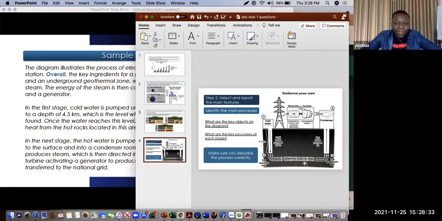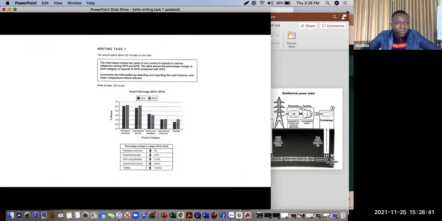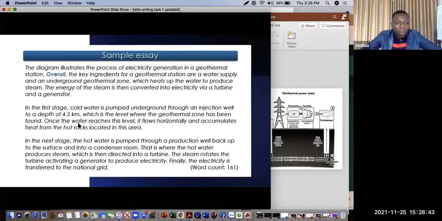Then it says here, in brackets, hot rocks. So you want to describe the geothermal zone. Once the water reaches this level, it flows horizontally and accumulates heat from the hot rocks located in this area.